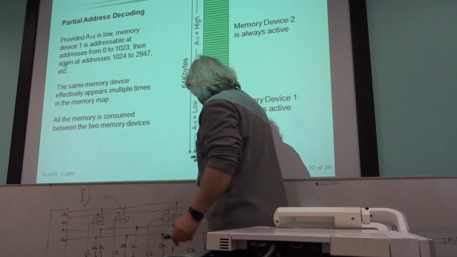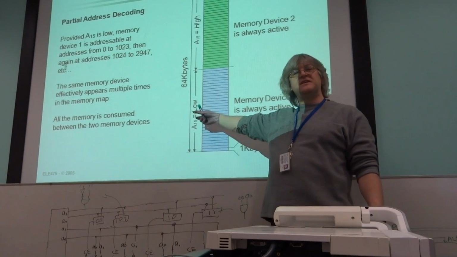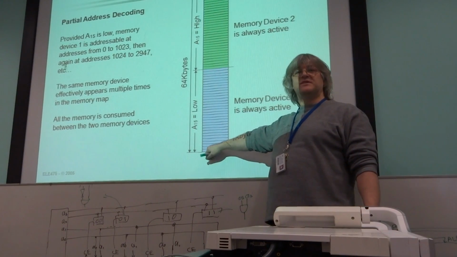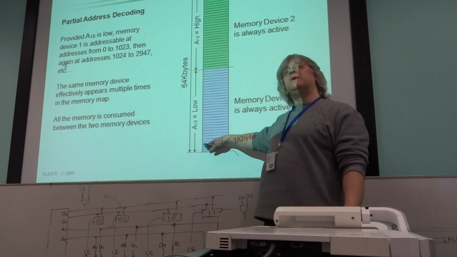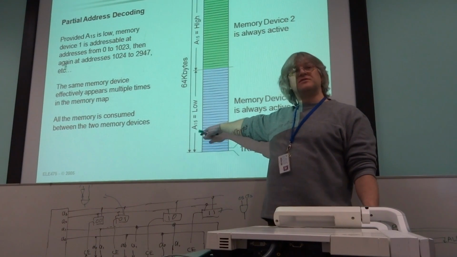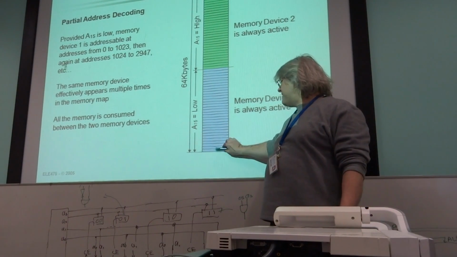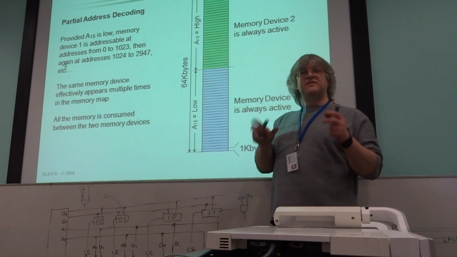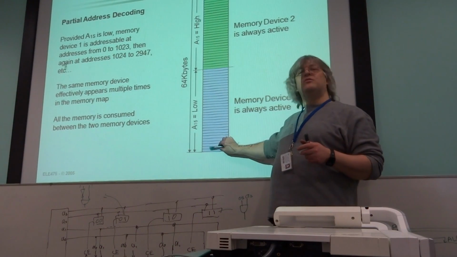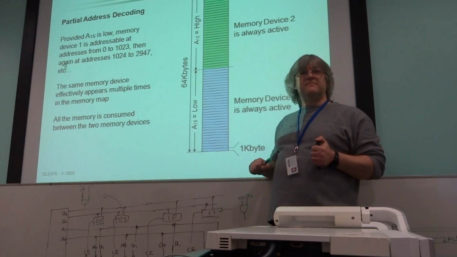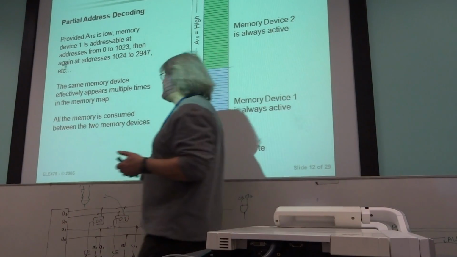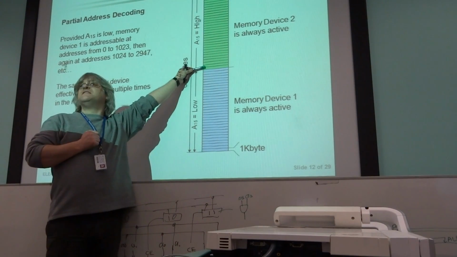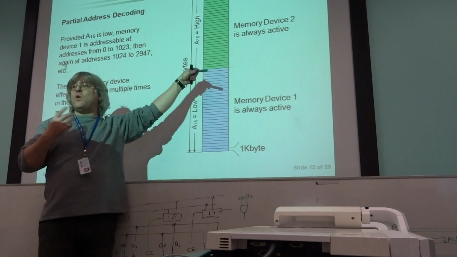So irrespective of the state of A11, A12, A13, A14, provided only the A0 to A10 are what are wired up here, and the A15 is low, we'll still be able to wake up one of those devices and talk to the memory locations within it. What we have here is what we call aliases. We have multiple combinations of addresses that would actually wake up the device and allow us to access it. What you don't see, there's no locations here where both it's blue and green. So although there are aliases, there are multiple combinations of addresses that wake up the device.